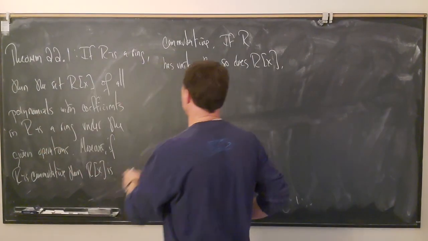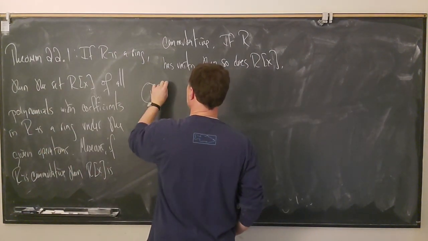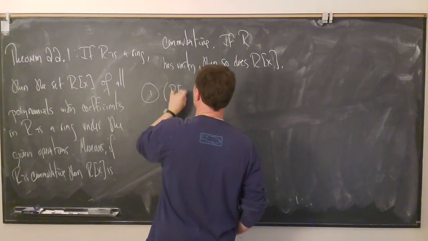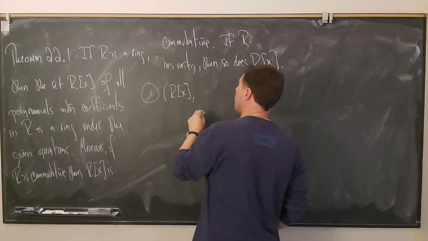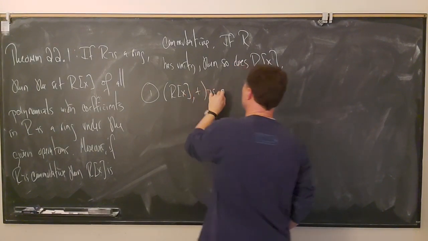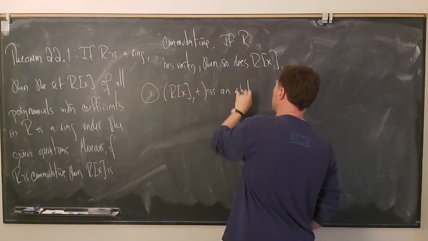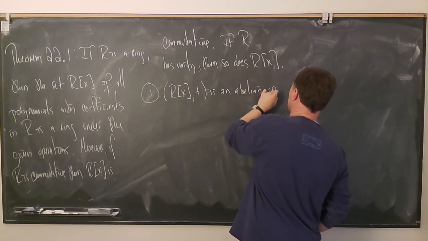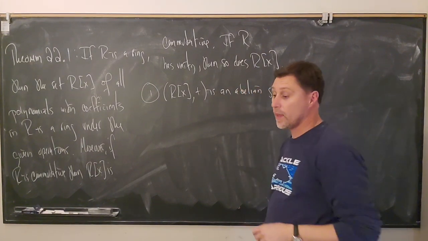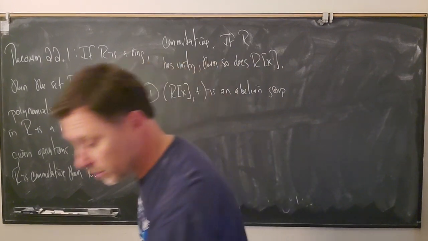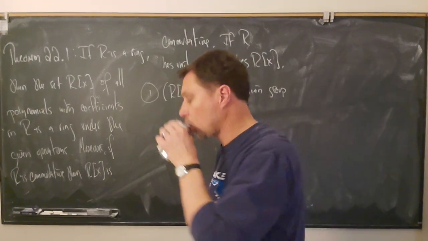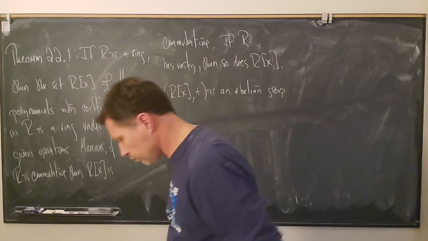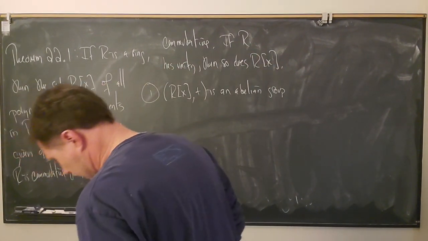So the first step, we want to show, and I'll use this ordered pair notation, that R bracket X comma plus is an abelian group. All right, so we're going to show that the set of polynomials is an abelian group under the usual addition. So let's take a couple of polynomials.